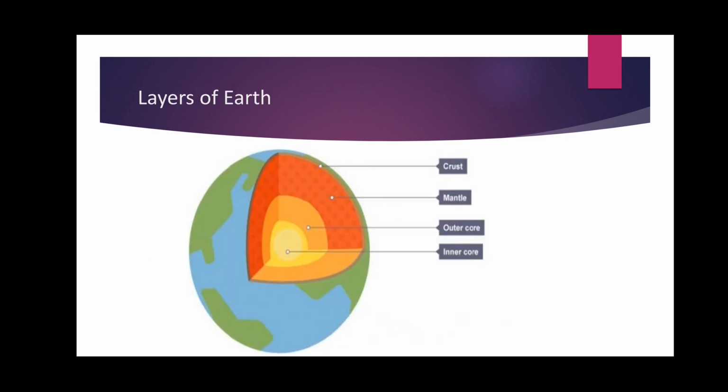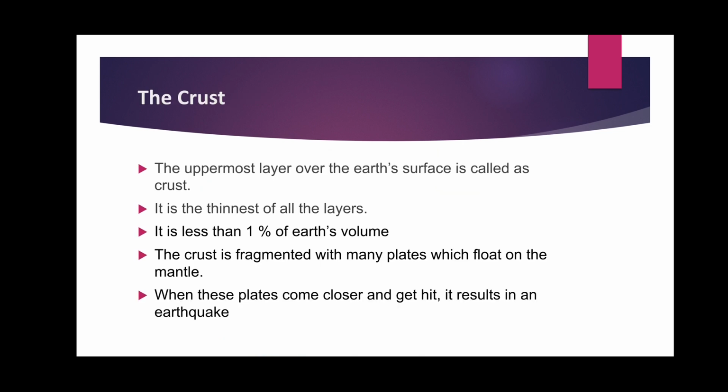This picture will clear the idea to you. See students, the upper part is the crust, below the crust we have the mantle, below that we have the core. Now again, the core is divided into outer core and inner core. Okay students, now let's study one by one.